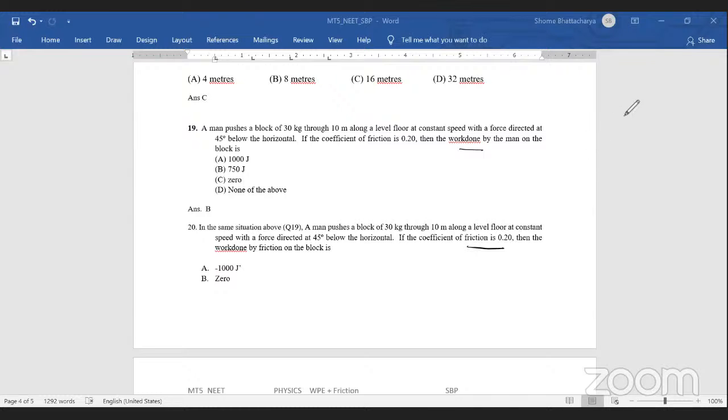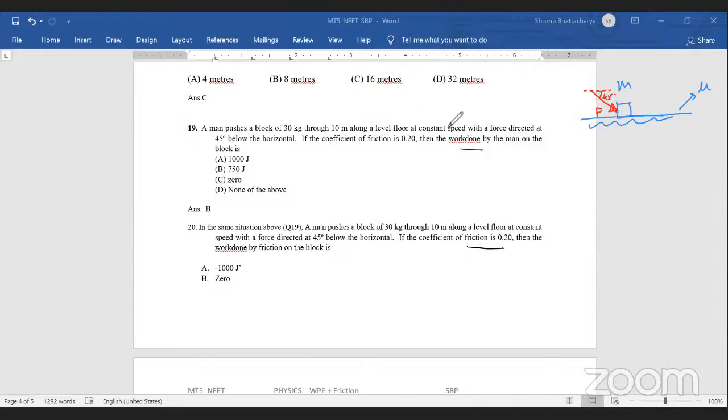So if this block of mass m is on a surface which has coefficient of friction mu, and now somebody is pushing it with a force which is 45 degrees below the horizontal. So you're applying a force like this, such that this angle is 45 degrees.